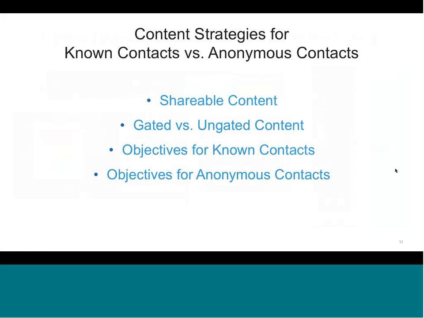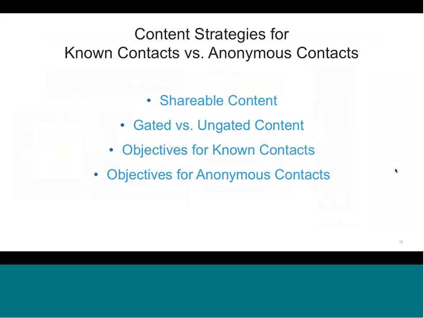A little bit about content strategies for known contacts versus anonymous contacts, right? If you're using our integration with Marketo or Eloqua to target known contacts, you might decide to put more, call it shareable content pieces, right, in front of these folks. For example, your videos, your infographics, or maybe your blog posts, right?